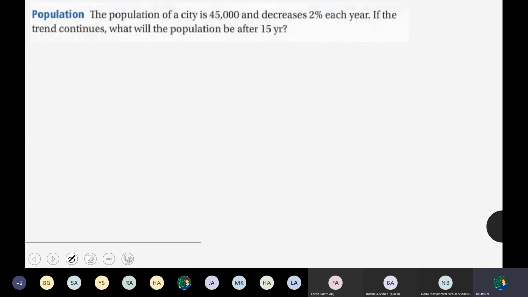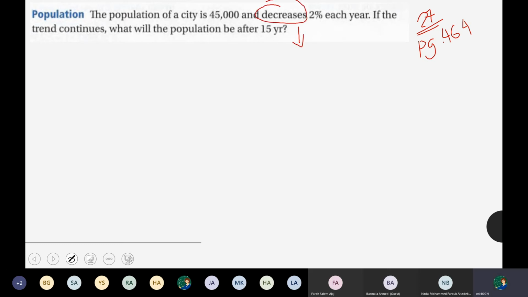Now, there's a city, and the population of this city is 45,000. Its population is 45,000 people and decreases 20% each year. Decreases.